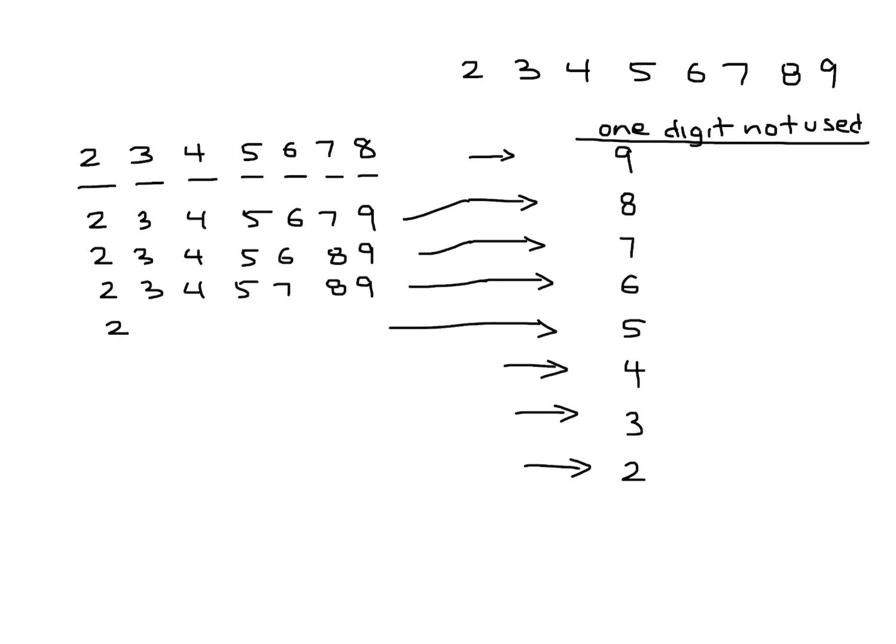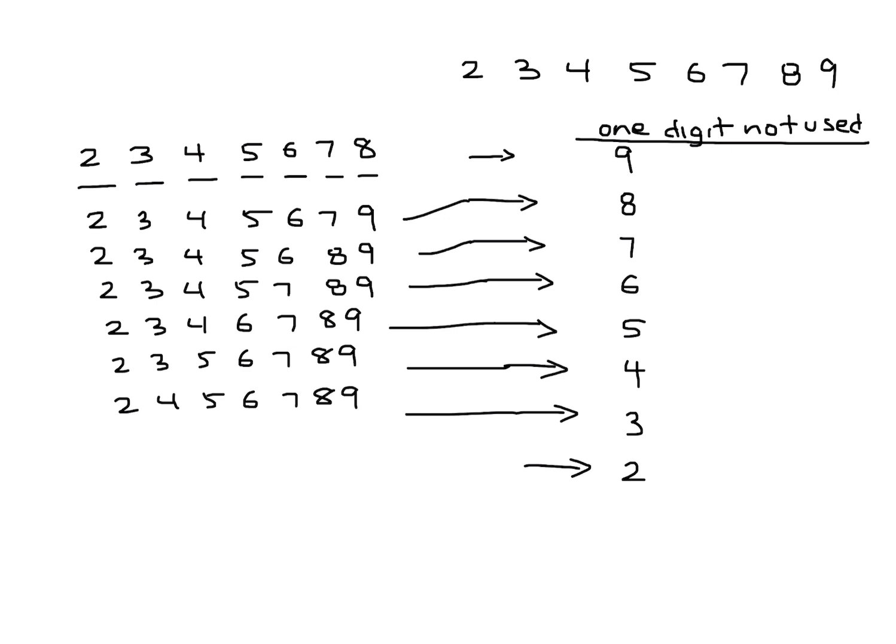If I don't use a 5, 2, 3, 4, 6, 7, 8, 9. Well, you get the hang of it by now. 2, 3, 5, 6, 7, 8, 9. If I don't use a 3, 2, 4, 5, 6, 7, 8, 9. And finally, if I don't use a 2, 3, 4, 5, 6, 7, 8, 9.